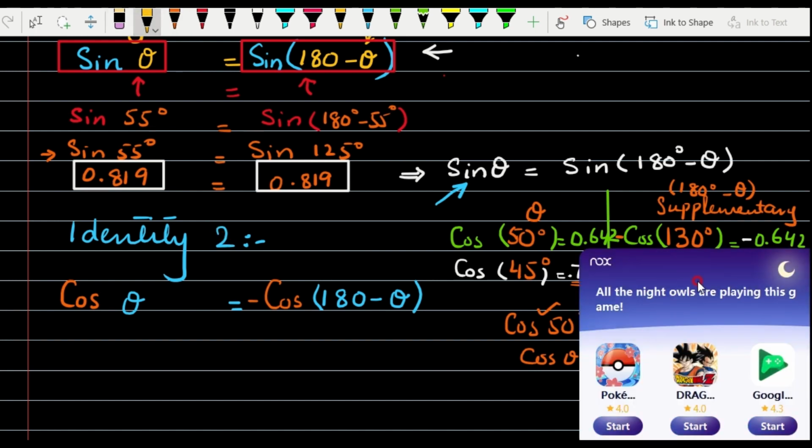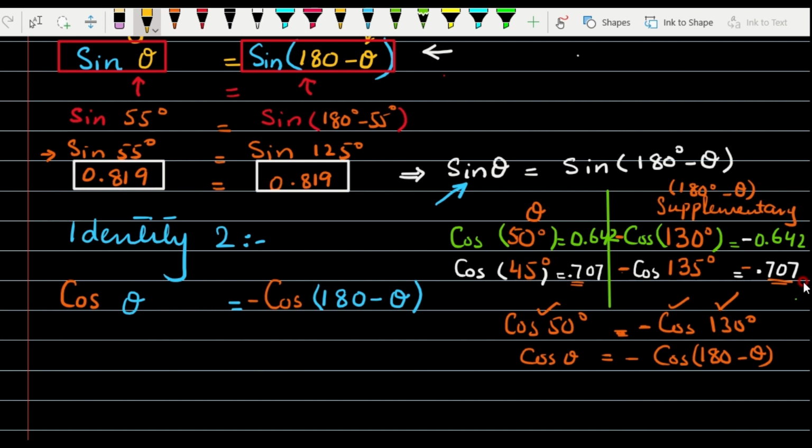Okay, it means what? Let's have an example. If I say cos 50 is 0.642, then what will be the cos 130?